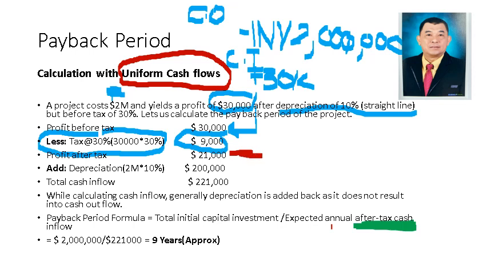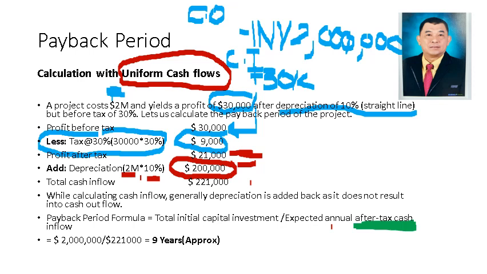Okay? And through the straight line method of depreciation, that 200,000 came from 2 million times 0.1. So it gives you 200,000. Okay. So now, your total cash inflow is 221,000.